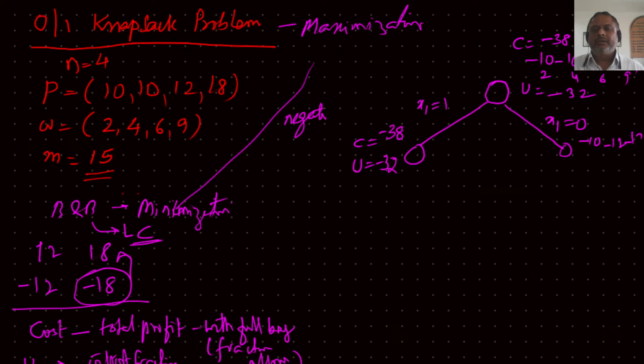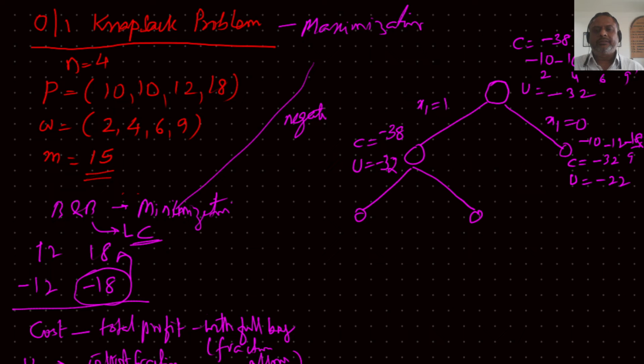Therefore, the third one can have only 5 units. So the cost is minus 22 minus 10, that is minus 32, whereas the upper bound without fraction is minus 22. Now we are working on least cost. So this is minus 32, this is minus 22. Therefore, minus 32 is smaller than minus 22.